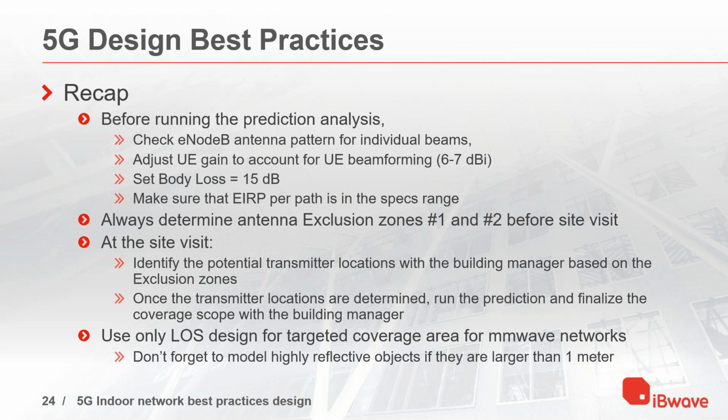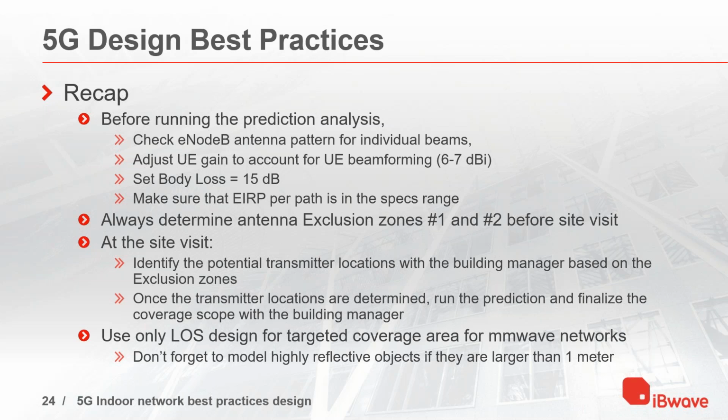You do not want to promise the building manager that he or she will have coverage in the areas where they cannot possibly be because of the restrictions of the antenna locations. And those restrictions are imposed because of exclusion zones number 1 and 2.